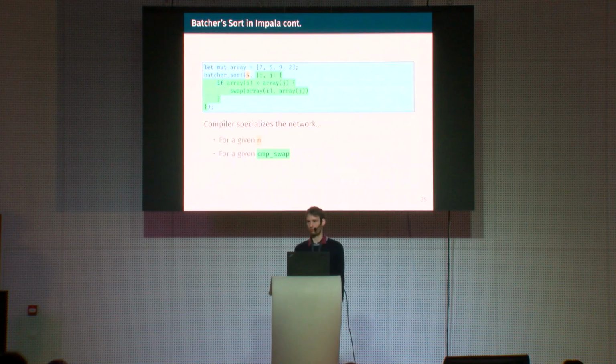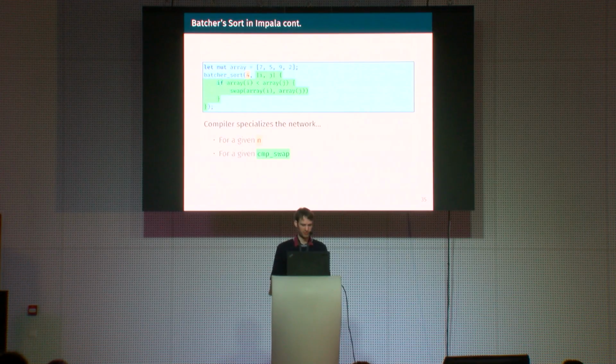If you do this, then you can just call your sorting function with a fixed size and a comparison function, and the compiler will specialize your network for your number of elements and the comparison function without you doing anything, just annotating the functions. And so you will end up with the perfect sequence of instructions.